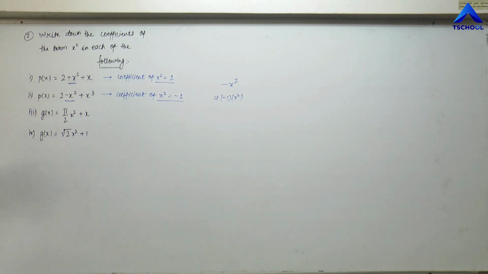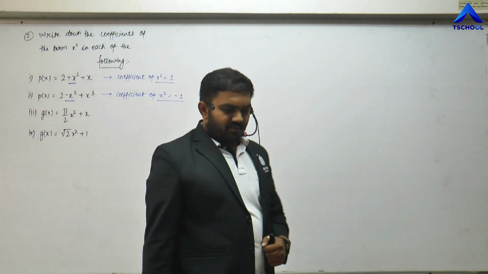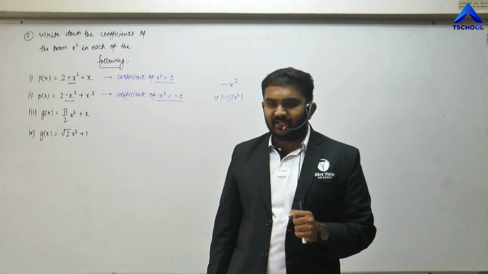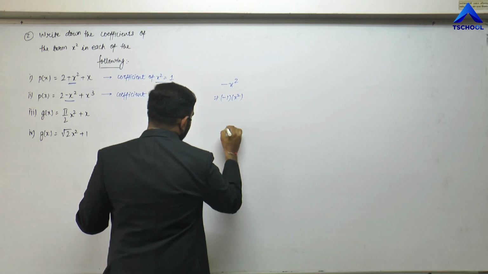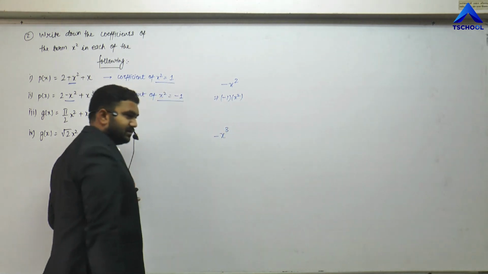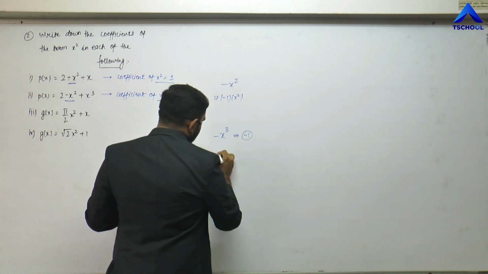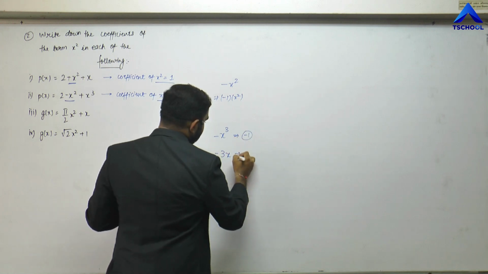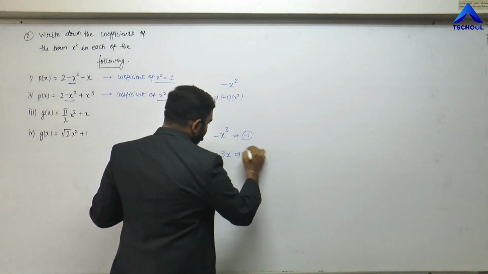Is it clear, friends? If you have any variable multiplied by a negative constant, for example minus x cube, then the coefficient of x cube is minus 1. If it is minus 3x, then the coefficient of x is minus 3.